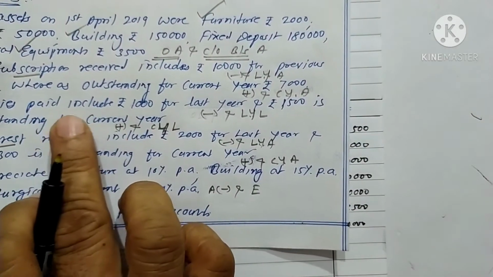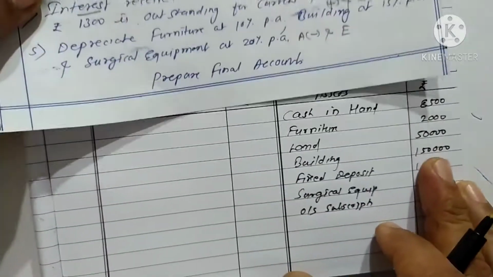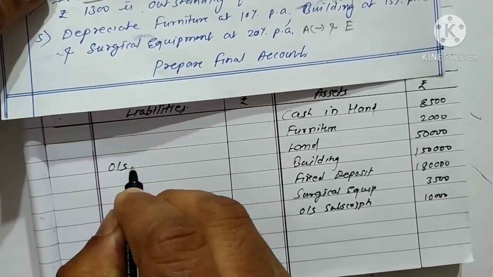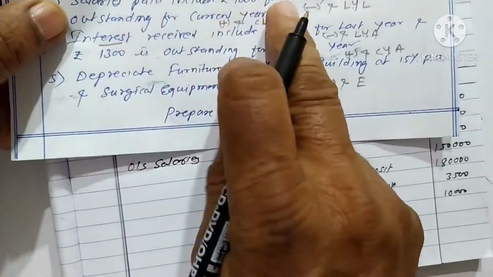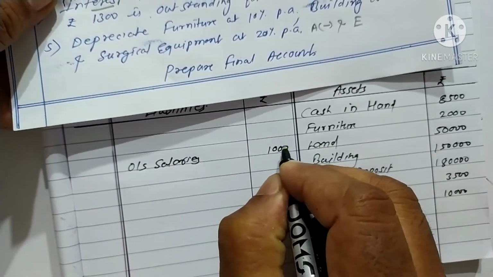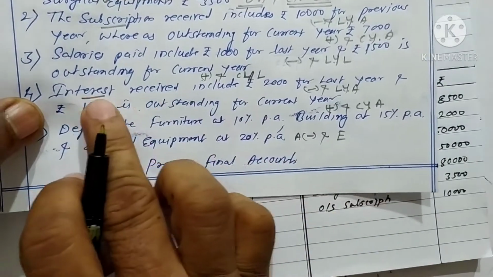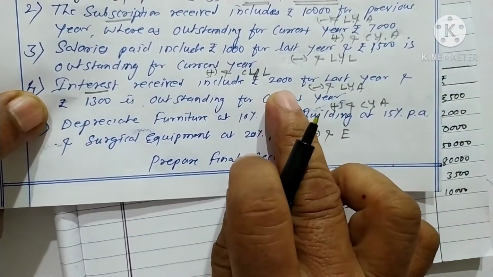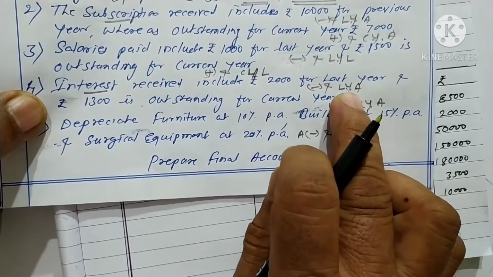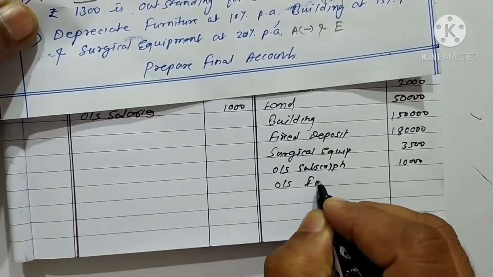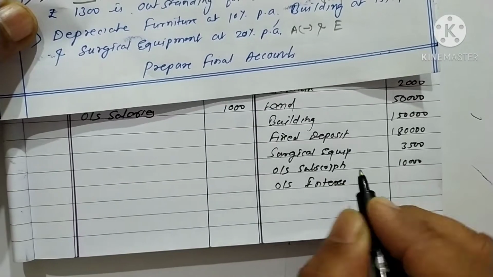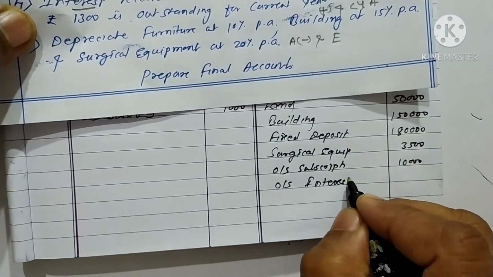Next is outstanding salary of last year, which will appear on the liability side, rupees 1,000. Next is interest receivable of rupees 2,000 for the last year, which will appear on the asset side. Outstanding interest, rupees 2,000.